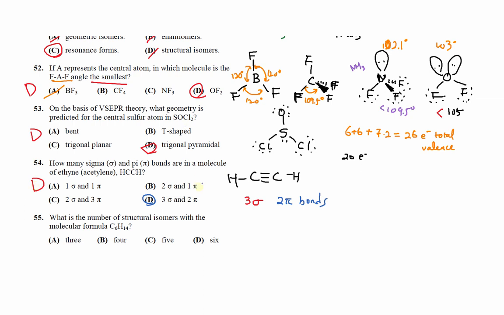55. What's the number of structural isomers with the molecular formula for hexane? Well, let's try them. The easiest way is we can have it like that: 1, 2, 3, 4, 5, 6. You have hexane.